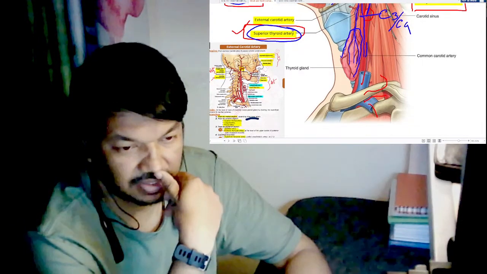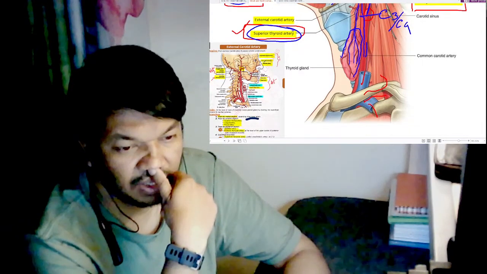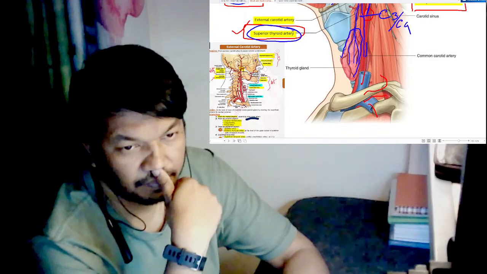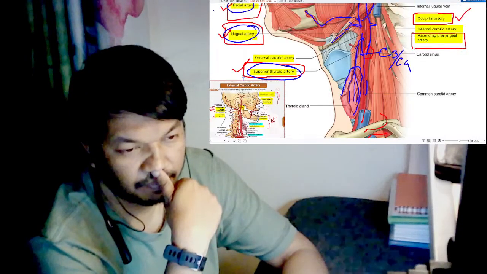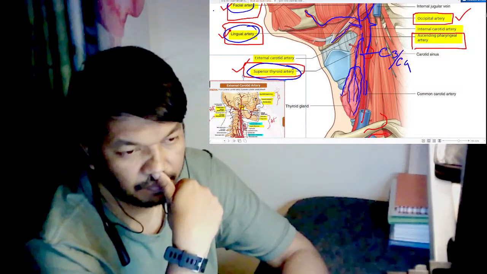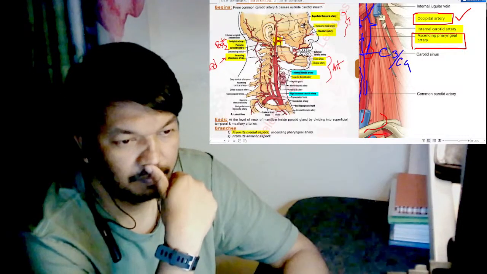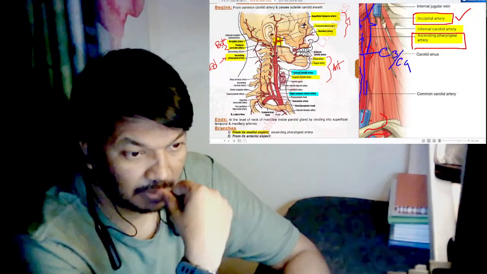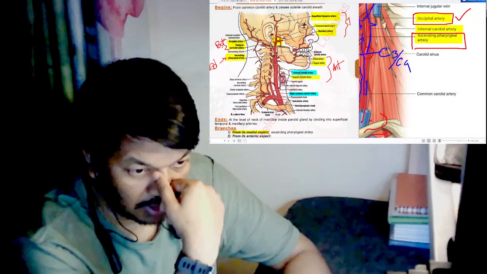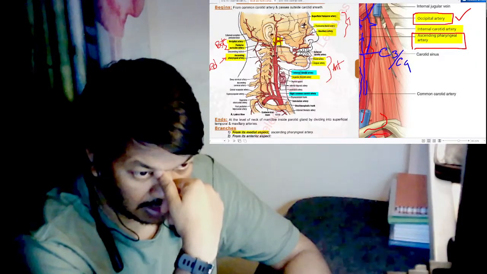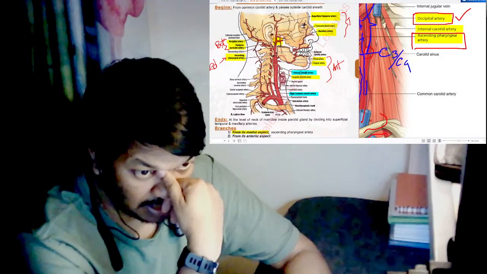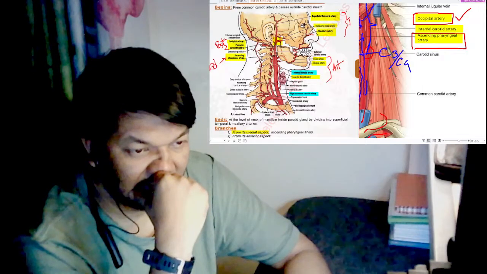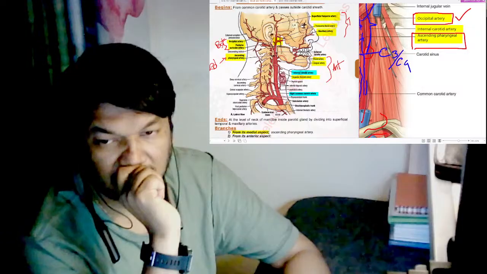One more very nice picture. This one you can see. Here you can see, in the front, they are giving some branches. This is superior thyroid artery, then lingual artery, facial artery, and they are terminating into maxillary artery and superficial temporal artery.